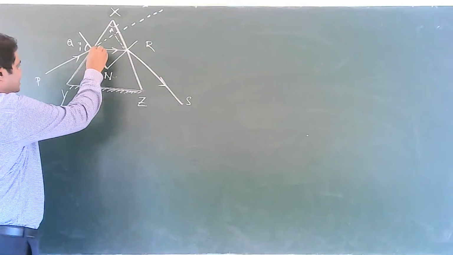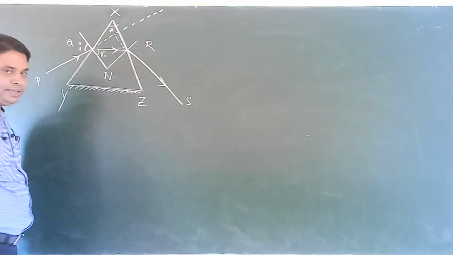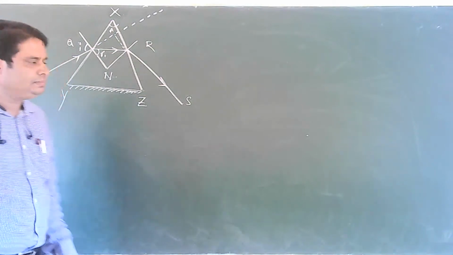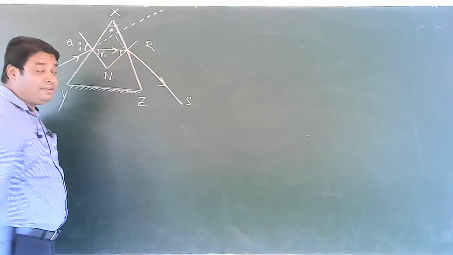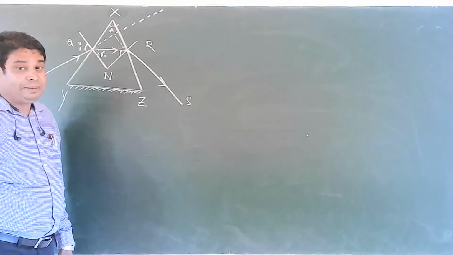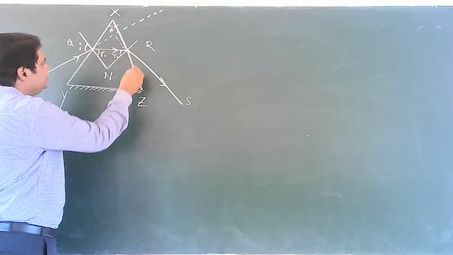This angle will be the angle of refraction from the first surface, R1. See, this is the angle of incidence at the second surface. We are representing it as R2.